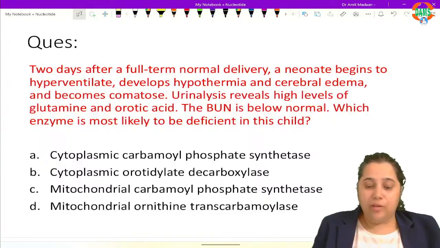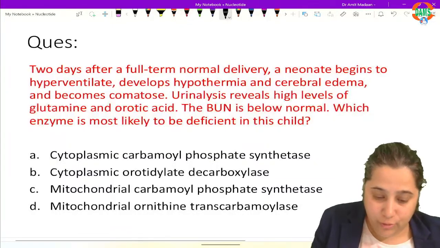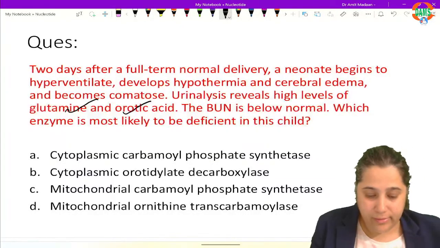Two days after a full-term normal delivery, a neonate begins to hyperventilate, develops hypothermia, cerebral edema and becomes comatose. Urine analysis has high levels of glutamine and it also has orotic acid.